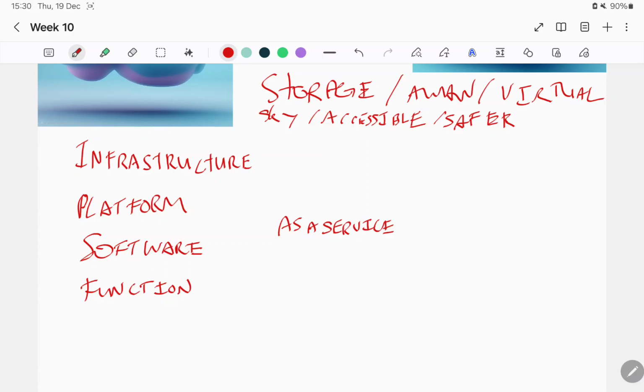You can classify the cloud into 4 different types of services. One is infrastructure as services, or they call it IaaS. What is infrastructure as services?